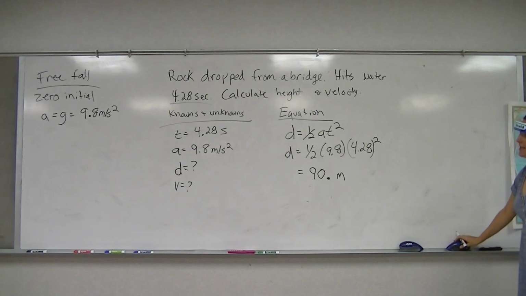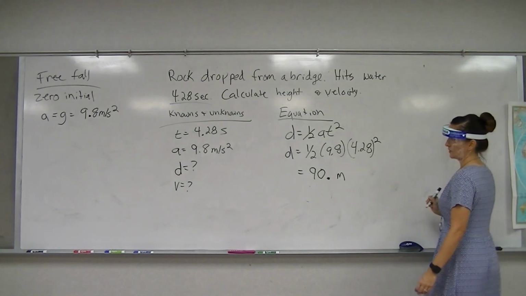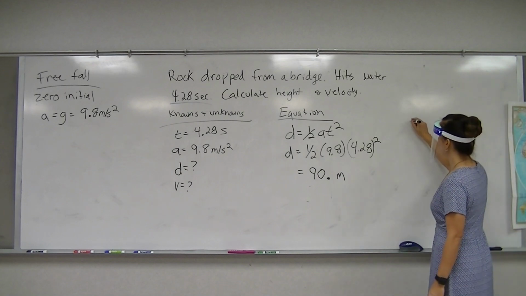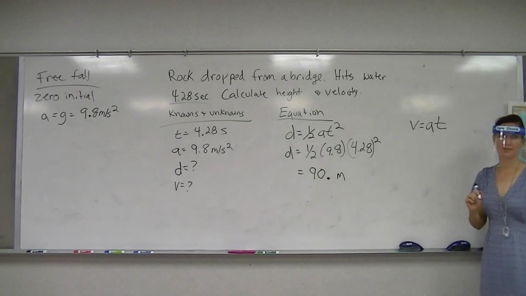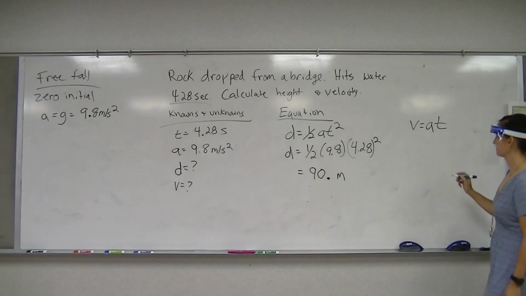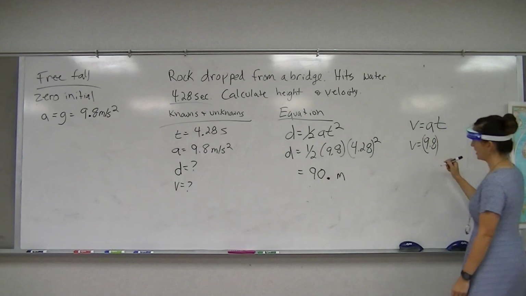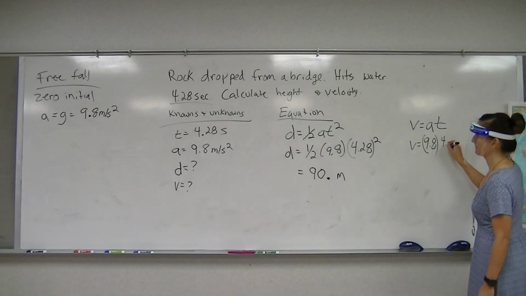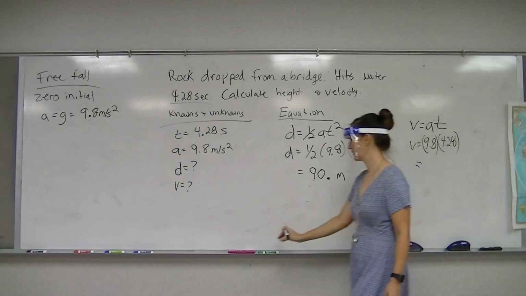So now I'm going to see how fast that rock is going once it went that full 90 meters. Okay, so to solve for velocity over here, velocity is just acceleration times time. So we're taking gravity multiplied by the time it took. How long did it get to fall? How long did gravity affect it?